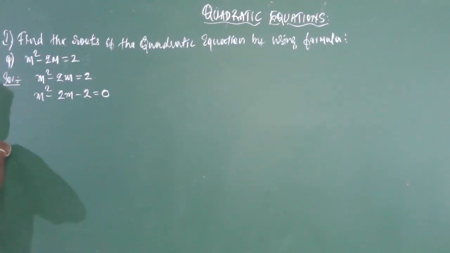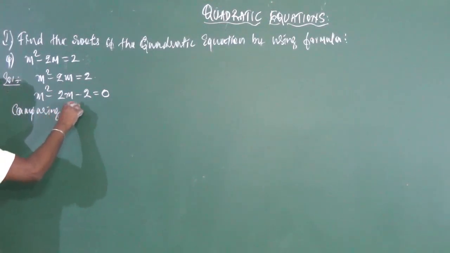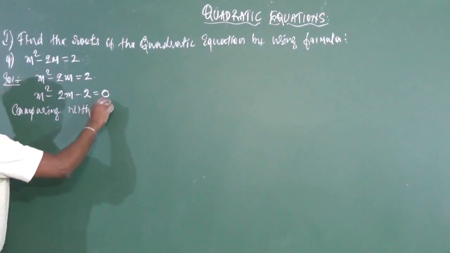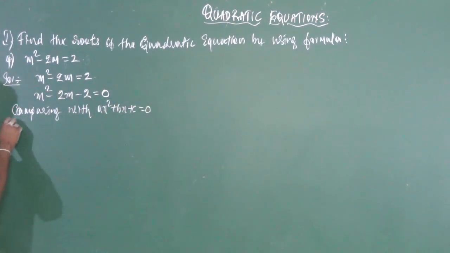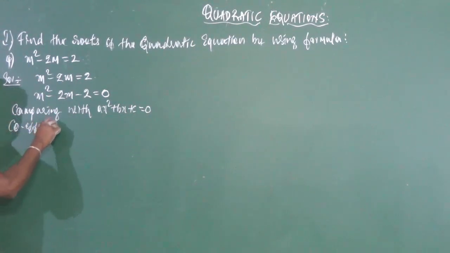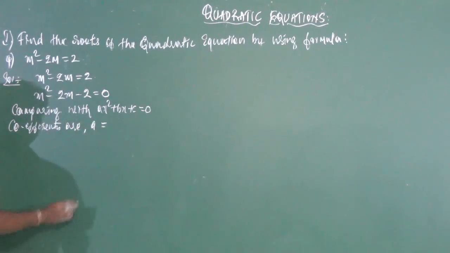So let us, comparing with the standard form ax square plus bx plus c is equal to 0, write the coefficients.